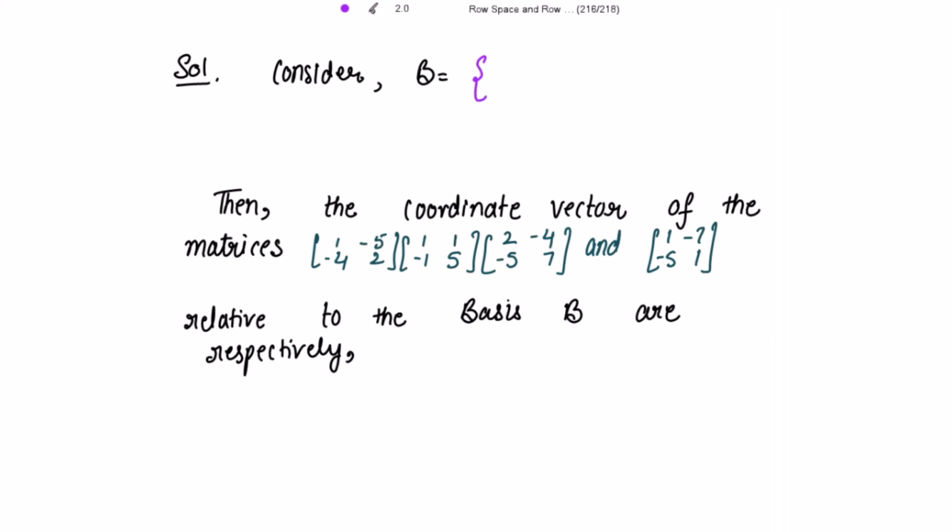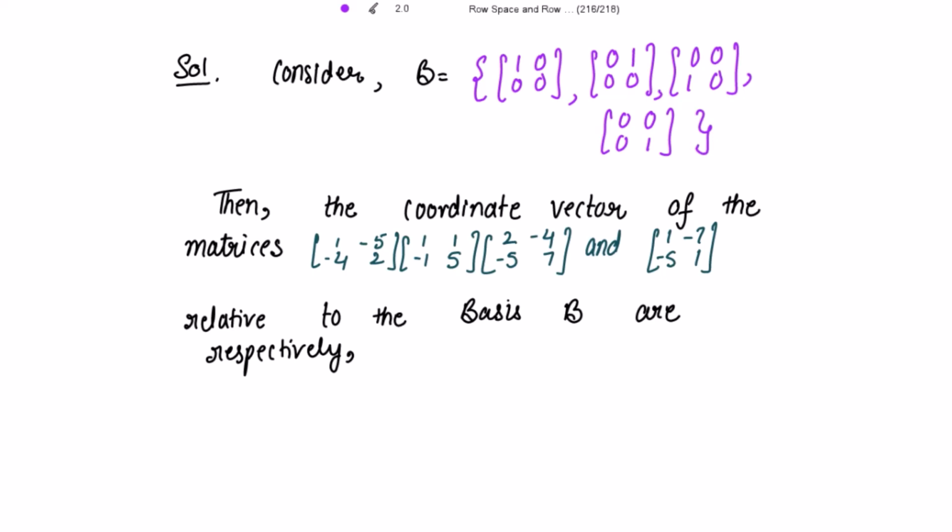Consider the basis B to be the standard ones: [1 0; 0 0], [0 1; 0 0], [0 0; 1 0], [0 0; 0 1].